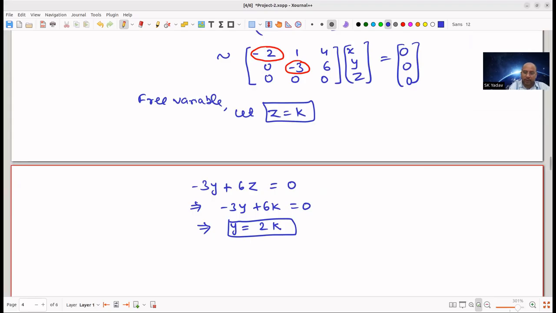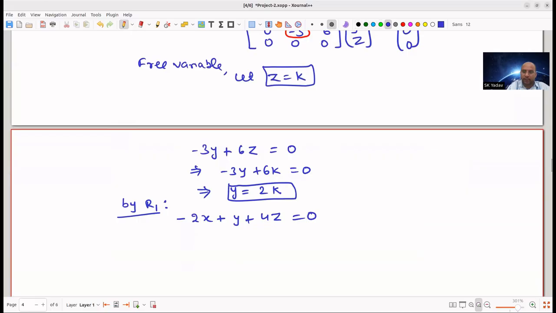By R1, we can write minus 2 times x plus y plus 4z equal to 0. Now just simplify to get the x value.